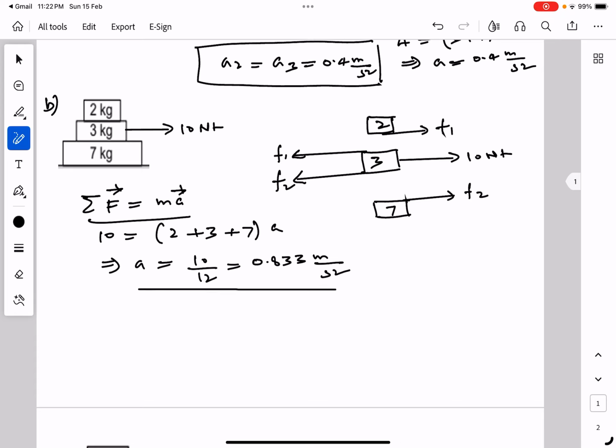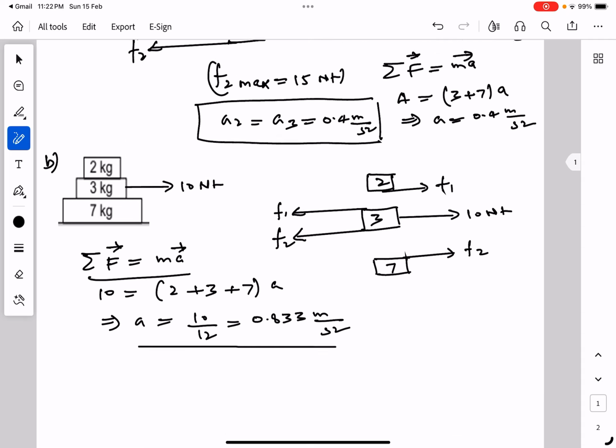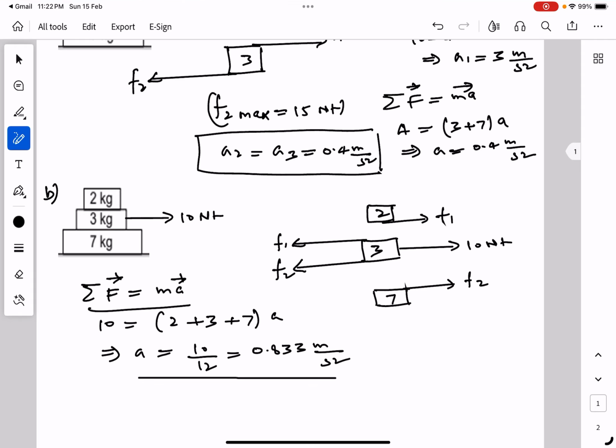And now let us find out the friction force required by 2 kg block for this acceleration. So 2 kg block will require a friction force of m into A, and this is 2 into 0.833. This is equal to 1.67. So 2 kg block will require a friction force of 1.67 Newton.